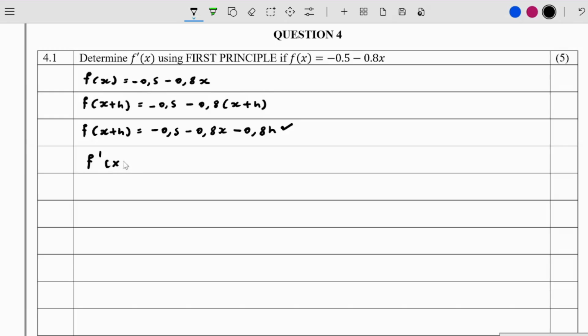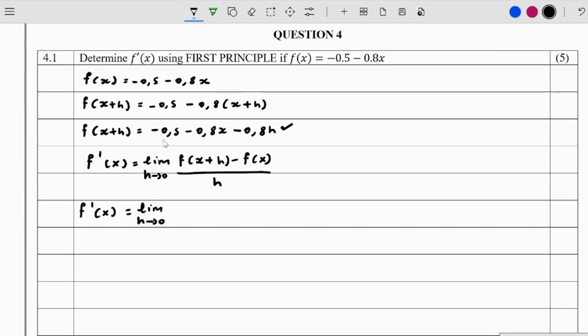So your f prime of x is equal to the limit as h approaches 0. Then you write f of x plus h minus f of x, and then you divide everything there by h.